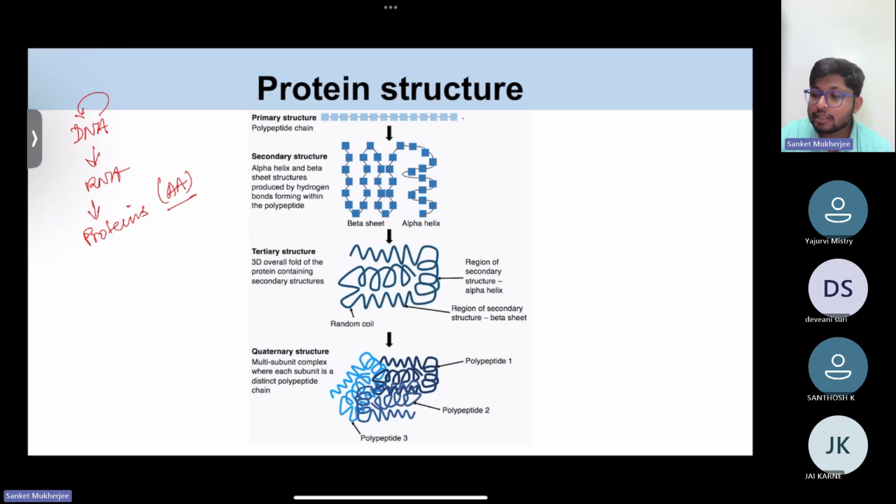Now, this is the basic structure of any amino acid.